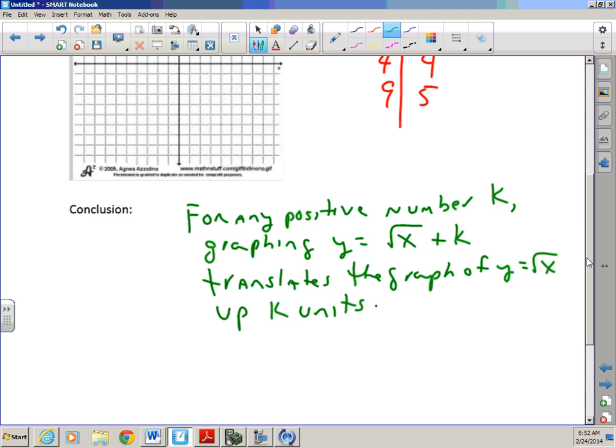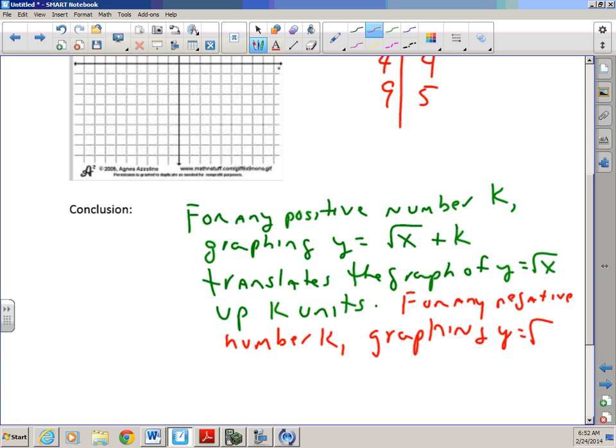Conversely, for any negative number k, graphing y equals the absolute value of x minus k translates the graph down k units.